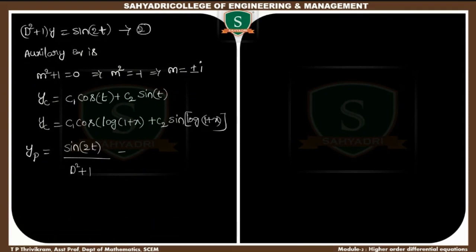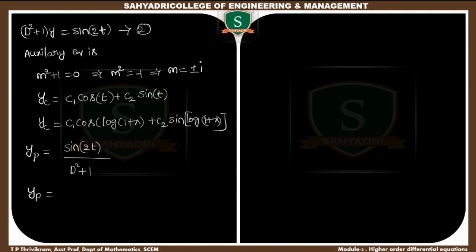When you have sine or cos in the numerator, it is a type 2 equation. So in type 2, what will we do?